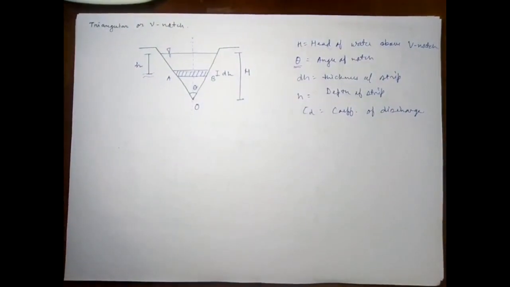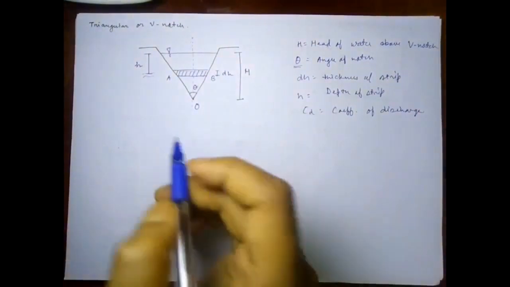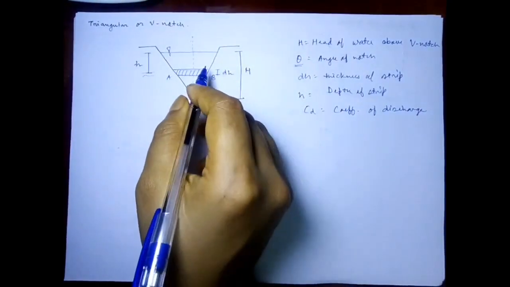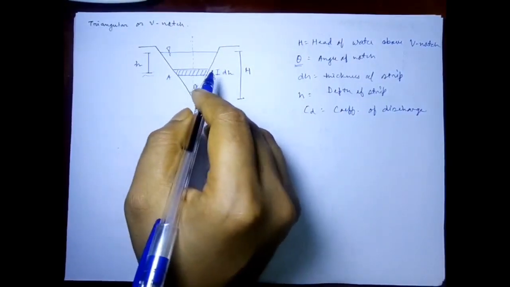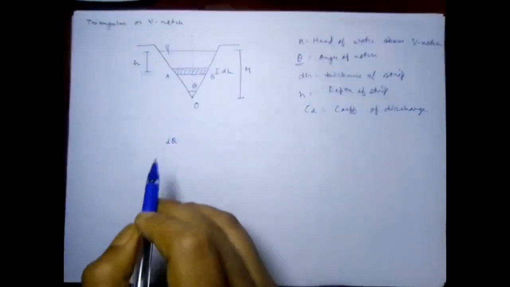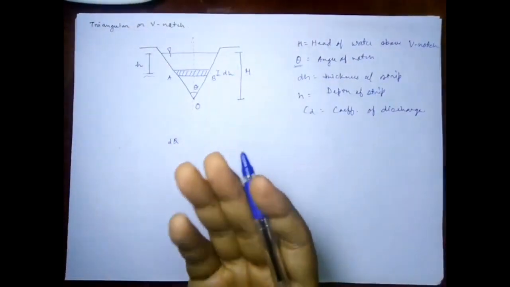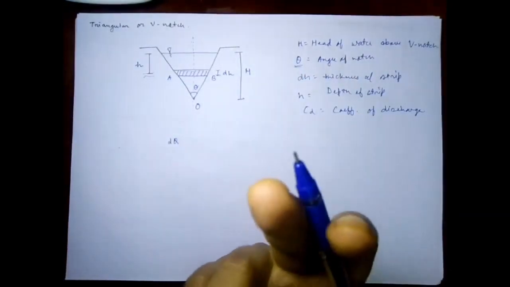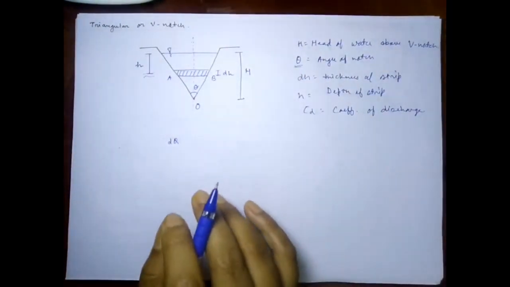So again we will determine the value of discharge small dq for this elementary horizontal strip, and after getting the value of dq we will integrate from 0 to H for the height, and thus we will get the expression for the entire notch.